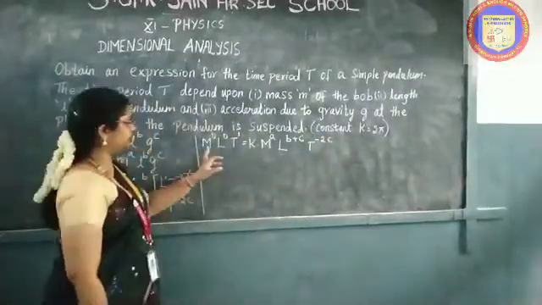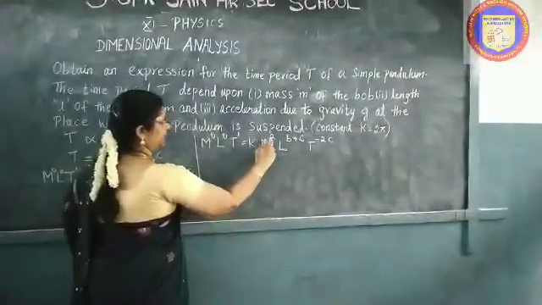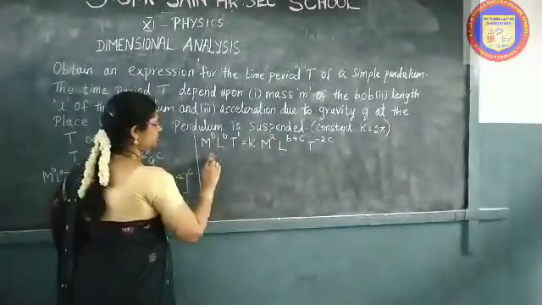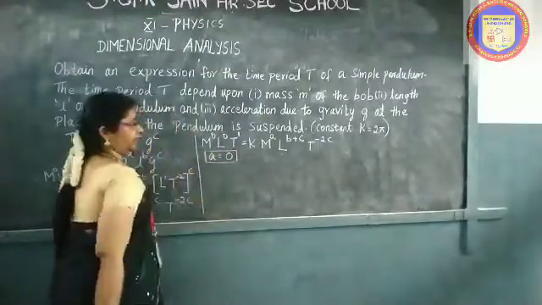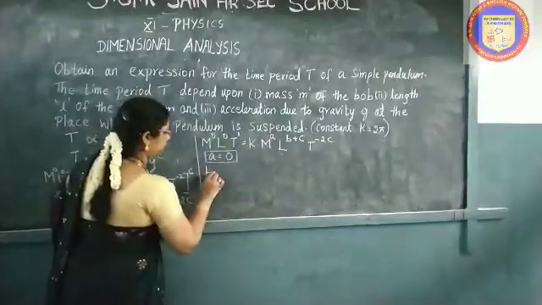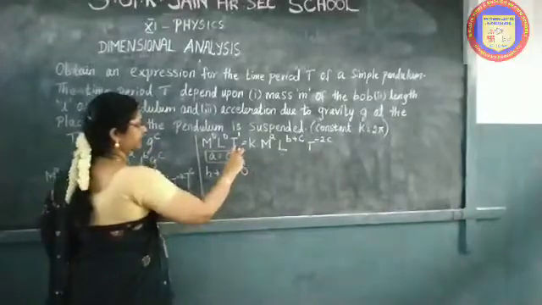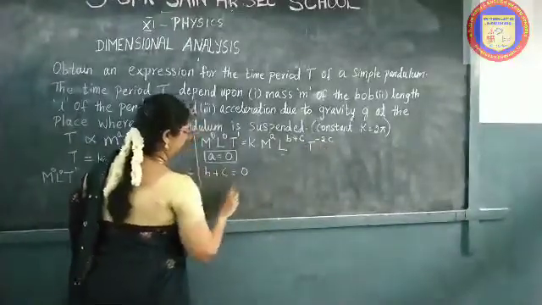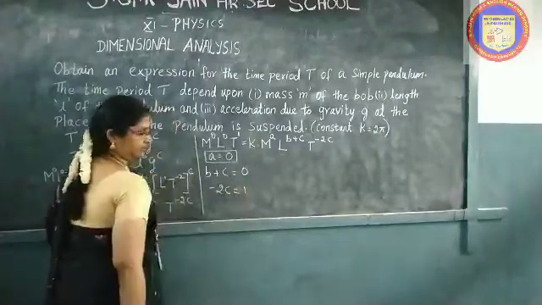Now I am going to compare all the powers on both sides. When I compare the M value, the power a will be equal to 0. Then I compare the L value, so I get b plus c is equal to 0. Then I compare the T value, and I write minus 2c is equal to 1.